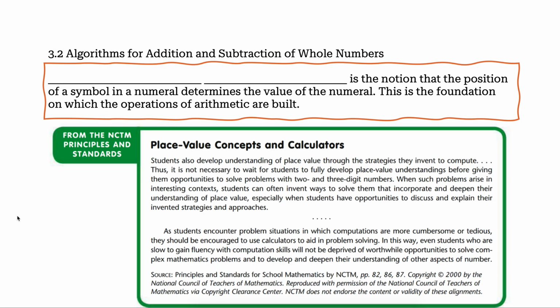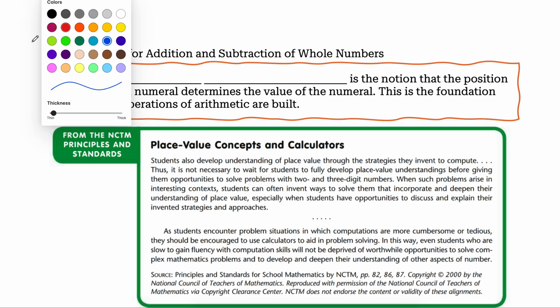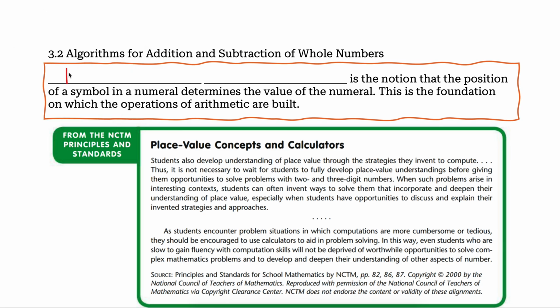So our system is a positional notation system. Let me turn my pen on here. We use the same numerals 0 through 9, but it is their position that tells us their worth.